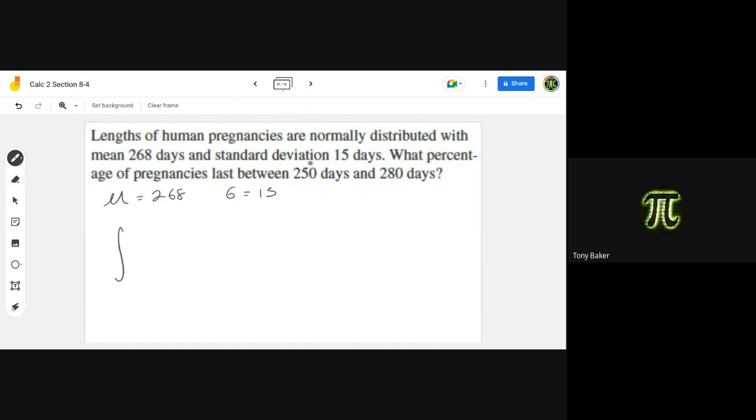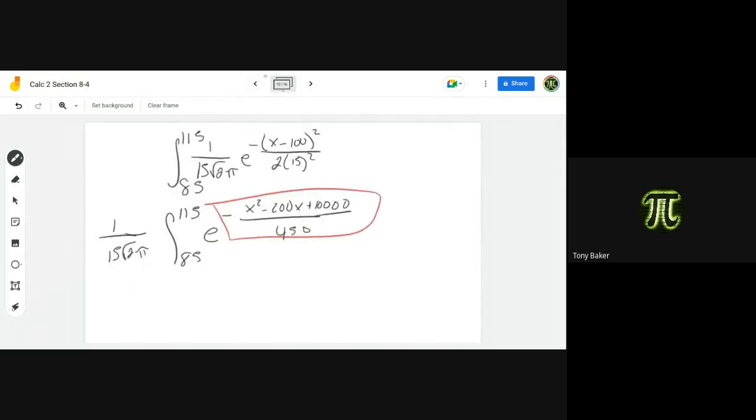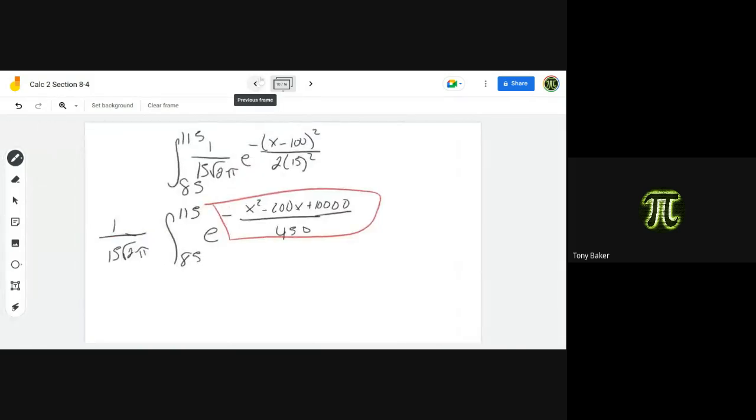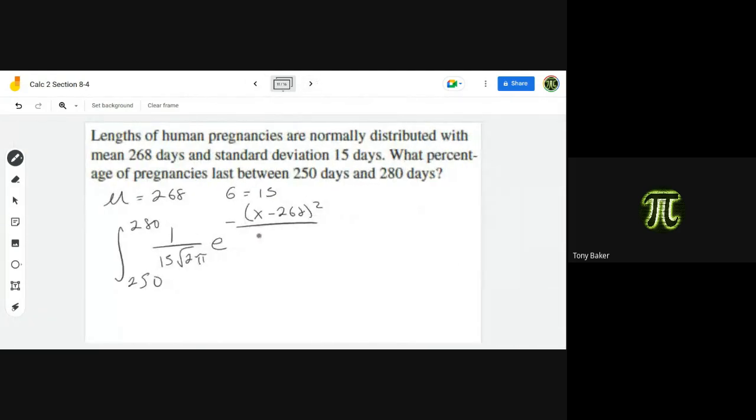And my range, my integral for this one, is from 250 to 280. So that's your formula.